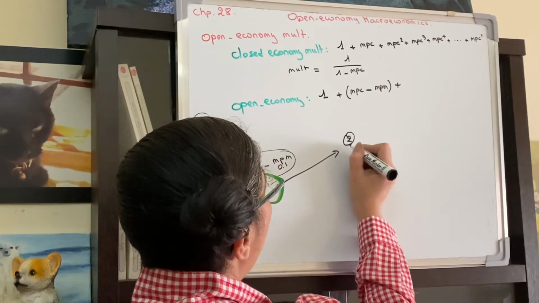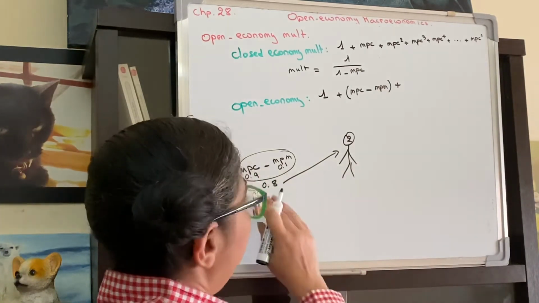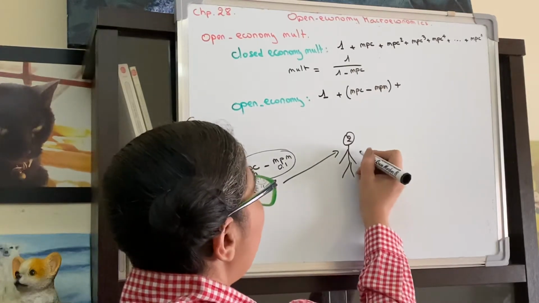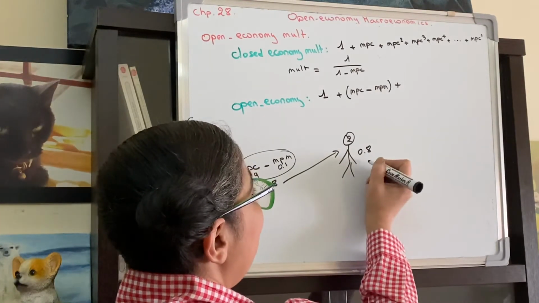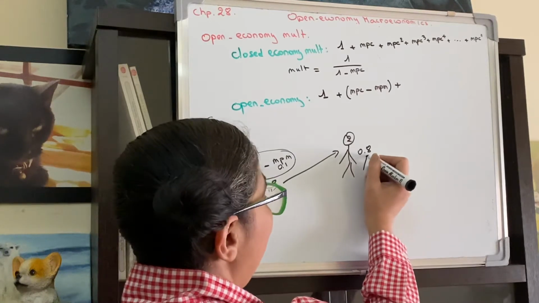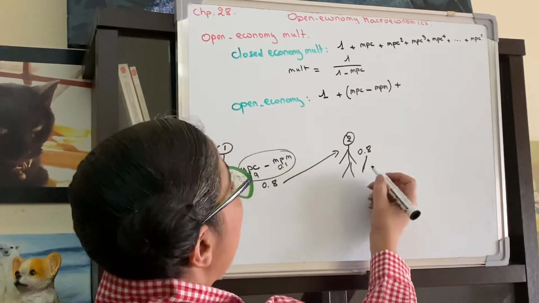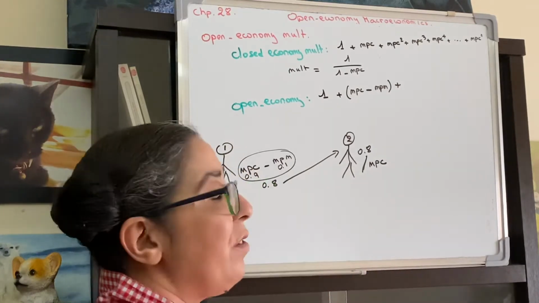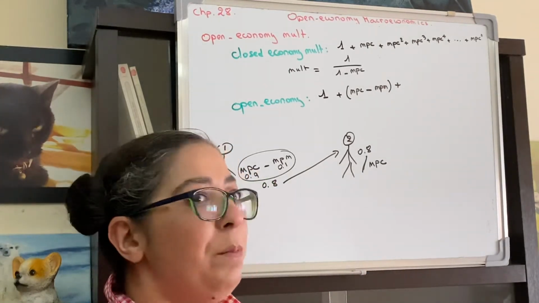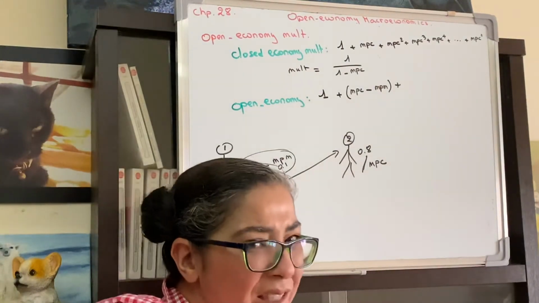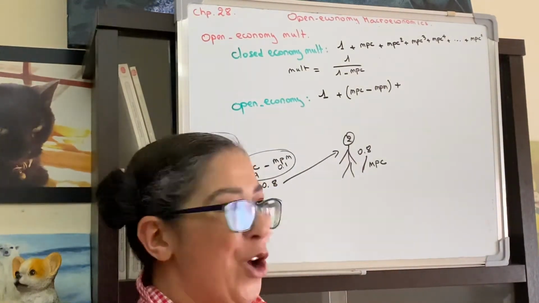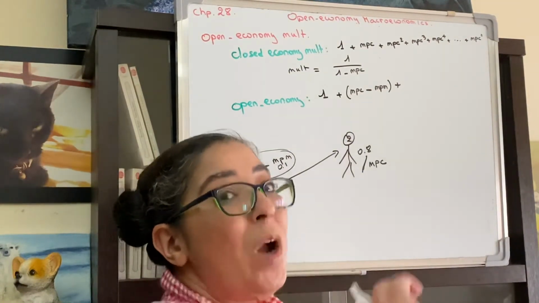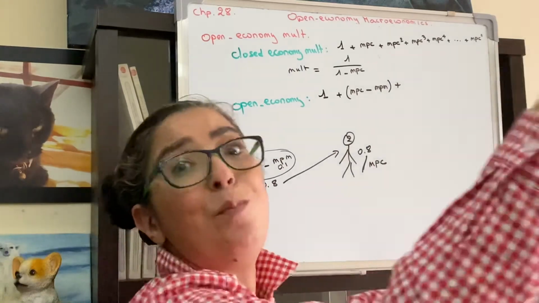So, Mr. 2, let's say that you spent all of it with Mr. 2. So, Mr. 2 received 0.8. So, Mr. 2 is gonna consume MPC of it, which is 90%. But in the GDP, is the whole 90% gonna stay here? No. He consumed 90%, but part of that 90% went to, in my example, to Spain.